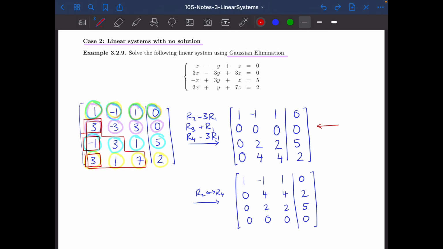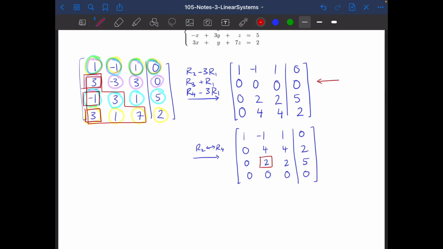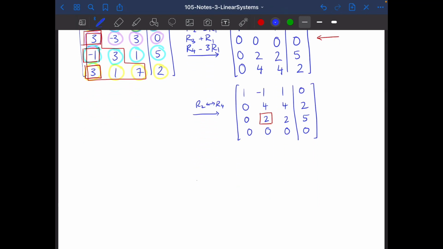Now, is this augmented matrix in row echelon form? Not quite yet. I would like to have a 0 in the position of this 2. What row operation will help me there? Well, if I take row 3, and if I subtract 1/2 times row 2, I will get a 0 in that position.